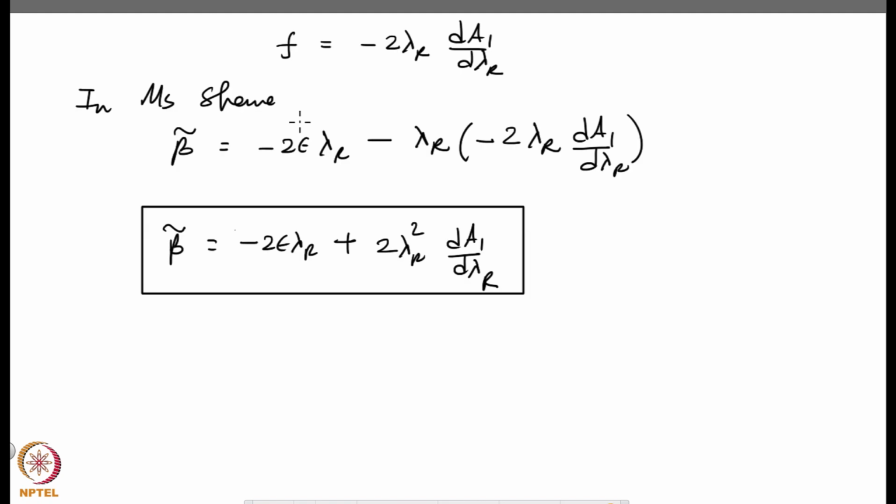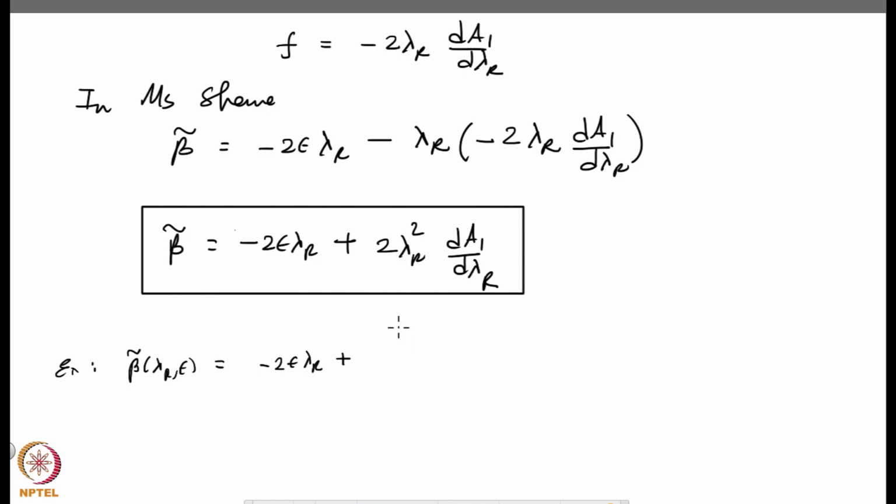No. So you should check, as an exercise, that you get beta tilde of lambda_R, epsilon in phi-4 theory to be minus 2 epsilon lambda_R plus 3 over 16 pi squared lambda_R squared.